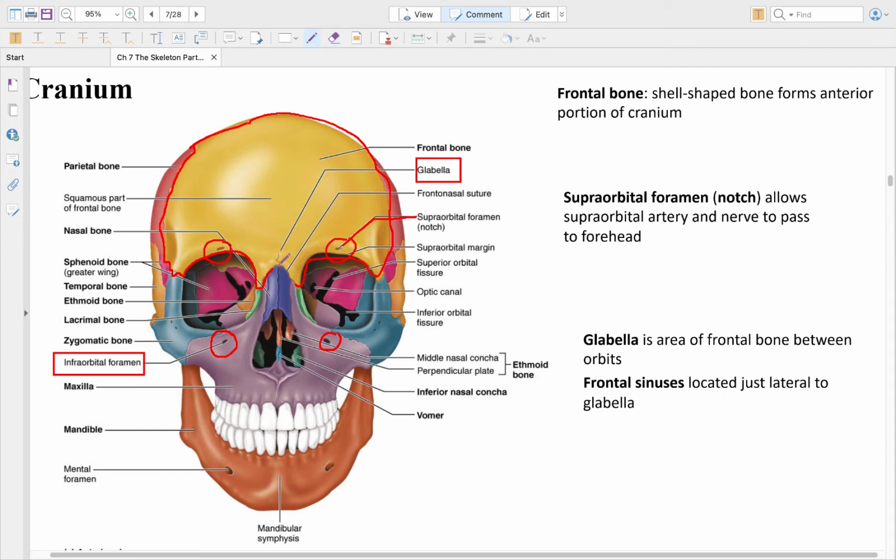I want you to note the frontal bone suture, and it's actually across this whole region. It's where the frontal bone connects to the nasal bone in purple. Very good.